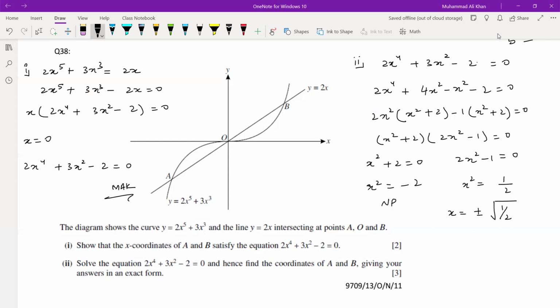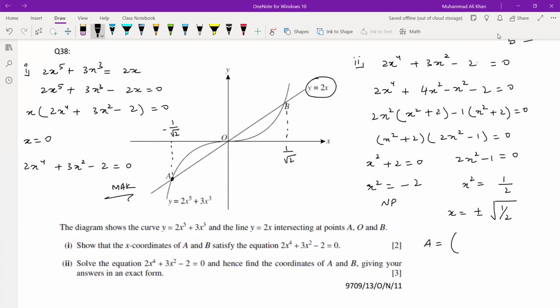So, children, the coordinate of A: for A, what will x be? Minus 1 upon under root 2, or we can also call it the whole under root of 1 upon 2. Whether we write 1 inside the root or outside the root, both are the same, right? And at B, what are the coordinates? 1 upon under root 2. Now, this is the equation of the line.